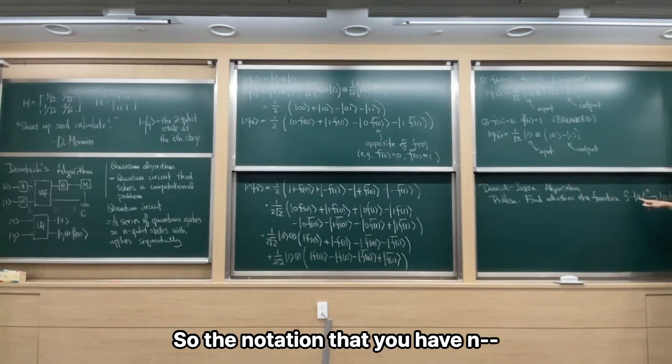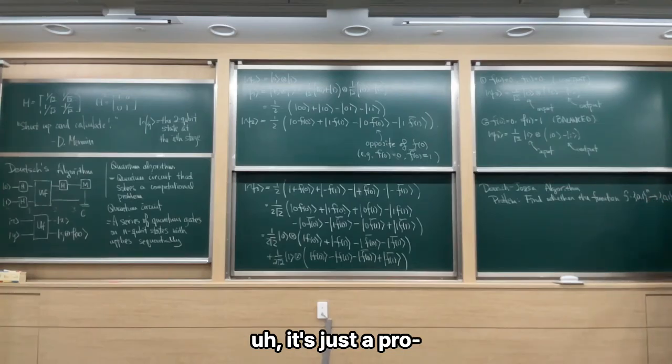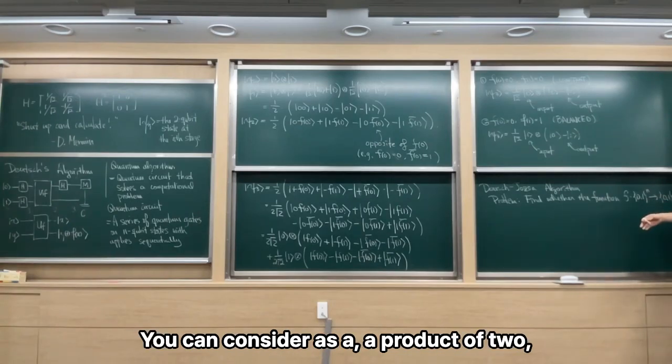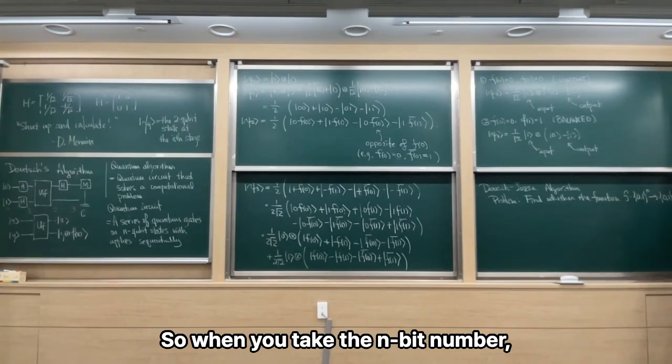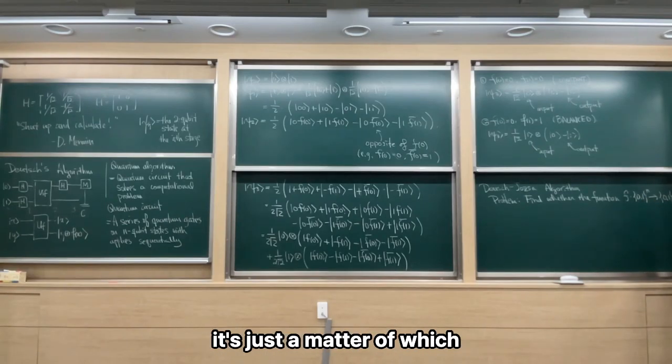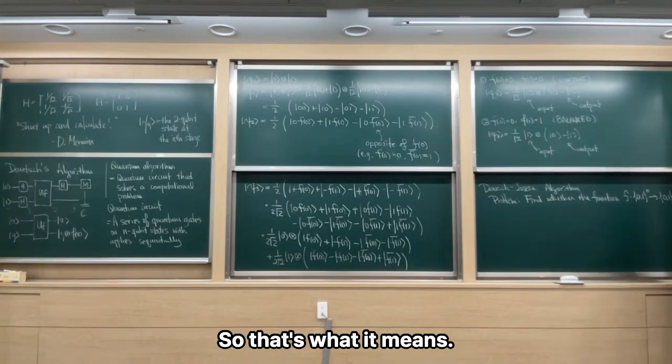The notation that you have of n, I have n on top of this set symbol, is that you can consider it as a product of n same sets, 0 and 1. So when you take the n-bit number, it's just a matter of which number between 0 and 1 you choose for each digit, right? So that's what it means.